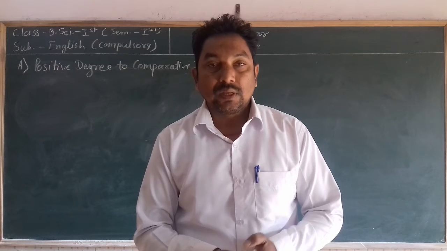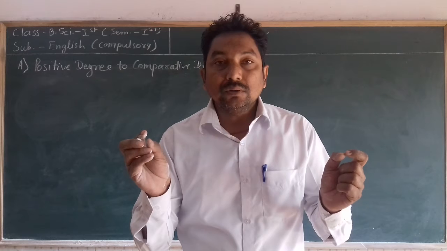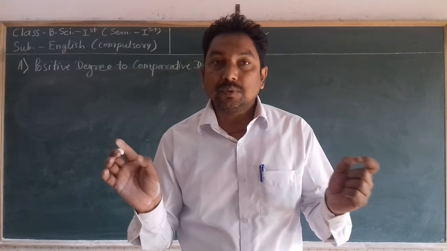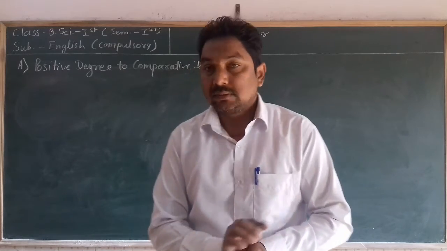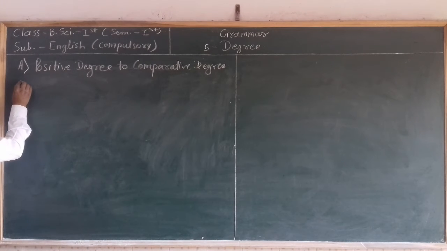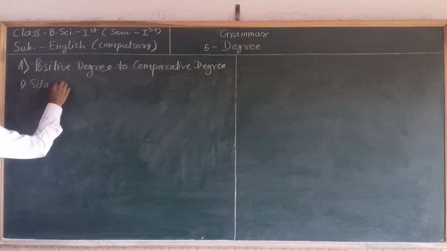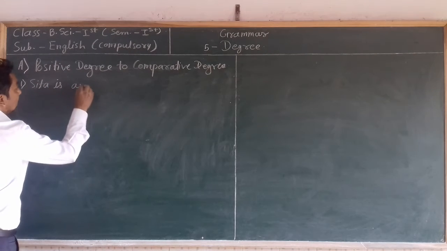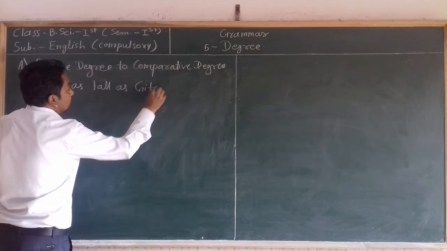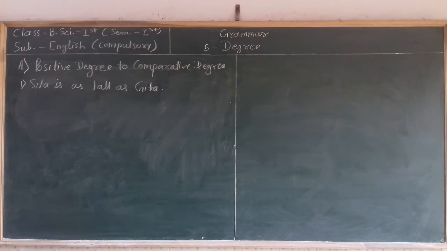Number one, if there are two things, two people, two groups, and you want to change this kind of sentence, then we can convert those positive sentences to comparative degree sentences. Now look at here. So how can we do this kind of transformation? Sita is as tall as Gita.